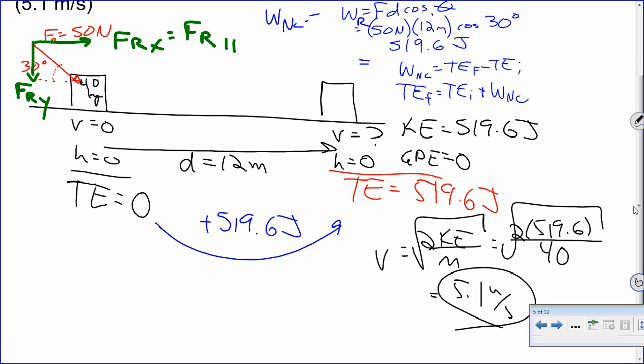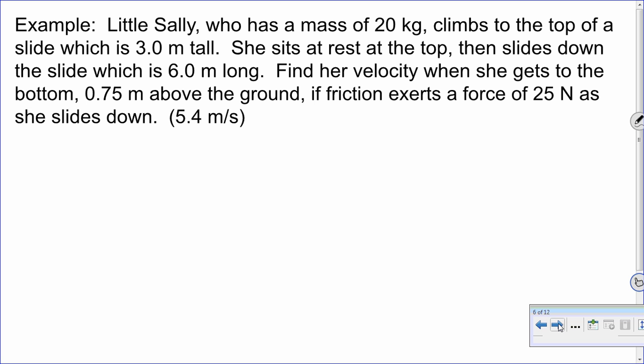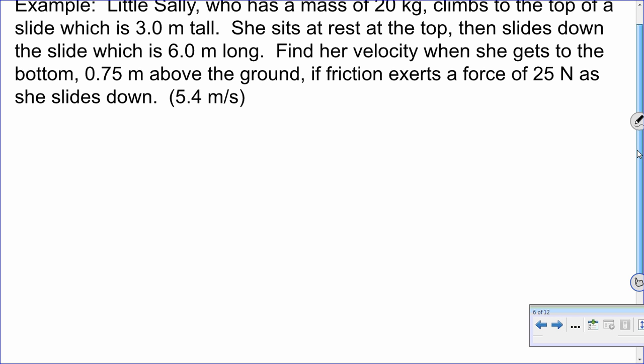So I believe the next example is such an example. We've got a kid going down a slide here. Let's see if we can read through this example. Oh, actually, this isn't the one I was thinking of.